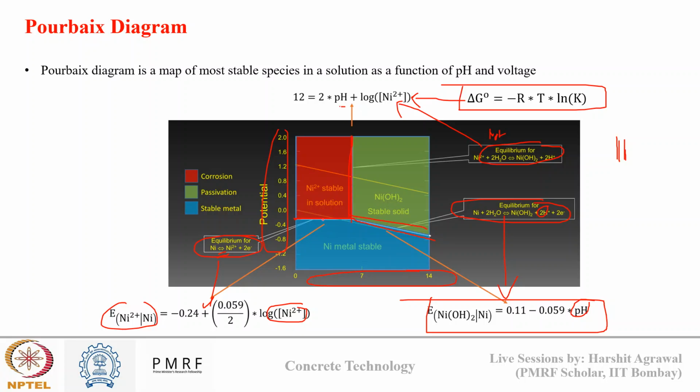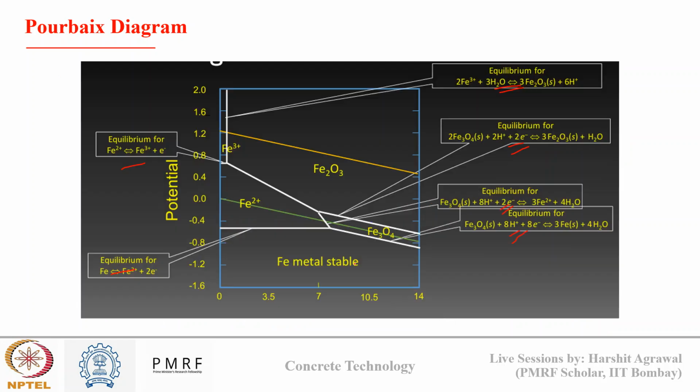Now if my potential is this and my pH is this, I can predict what ionic species will exist in the system. That is what the Pourbaix diagram tells me. It is the final application of the Nernst equations that we have been deriving.